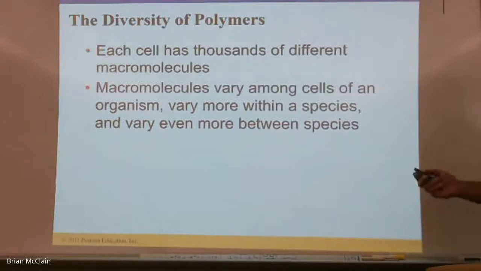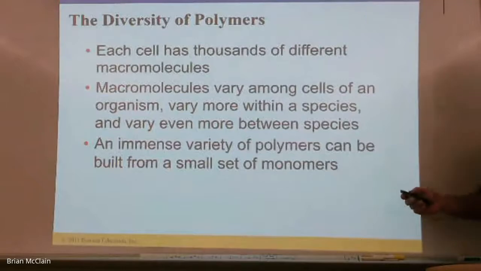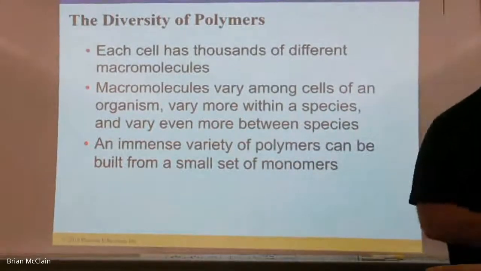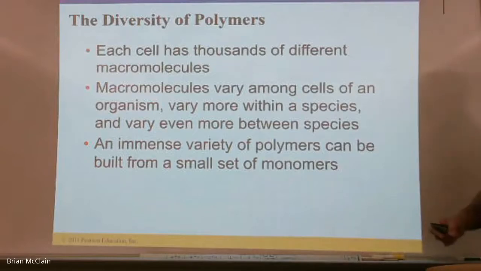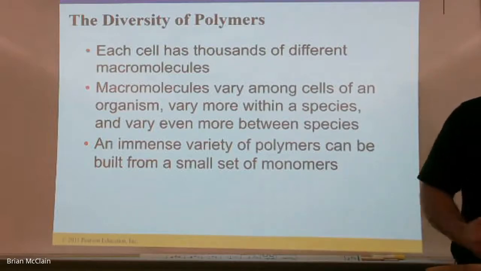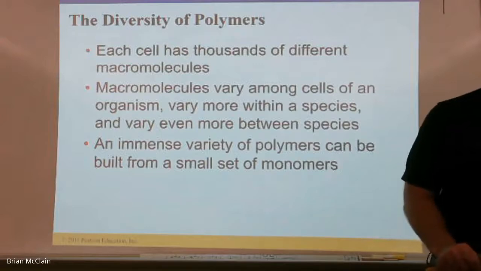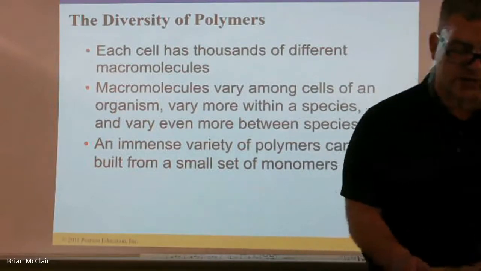Okay, and what we'll find is that different cells, even within the same organism, are going to have different populations of macromolecules. So as a result of all this, we get a tremendous diversity of molecules that we can work with. All right, so that's just kind of the really, really general introduction.